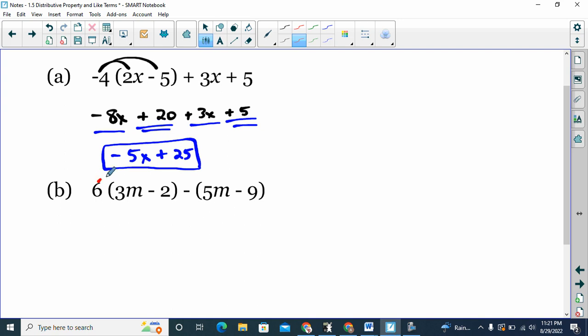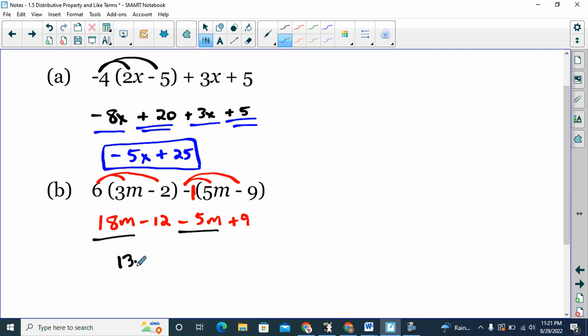We're using the distributive property. 6 times 3m, 6 times negative 2. This is understood to be a 1 out front. Negative 1 times 5m. Negative 1 times negative 9. Now combine any like terms we have. Those combine. And these combine.